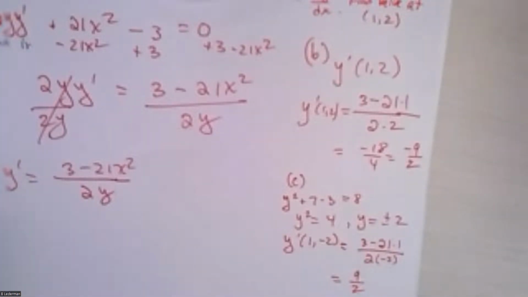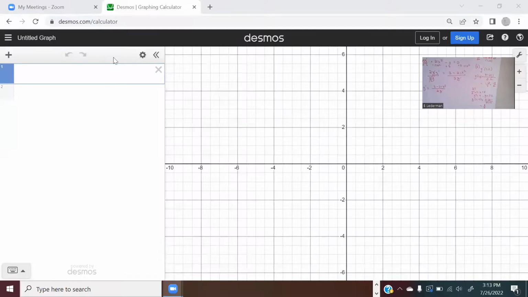Now, let's see if I can get something really special for you all. I want to go to Desmos and share my screen with you. Okay, so now you should be able to see this.